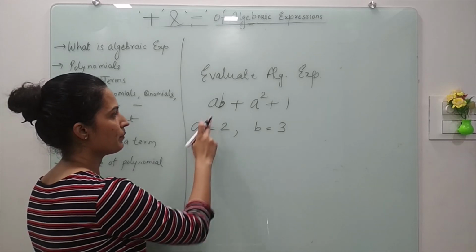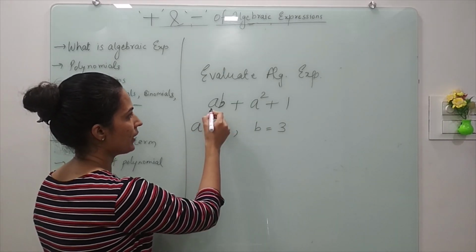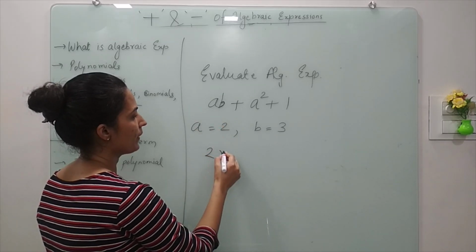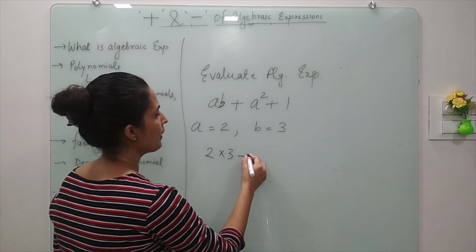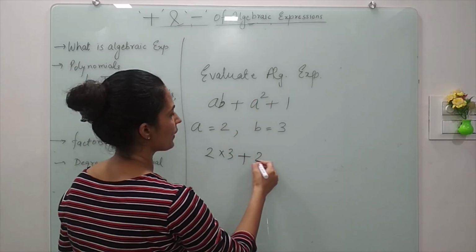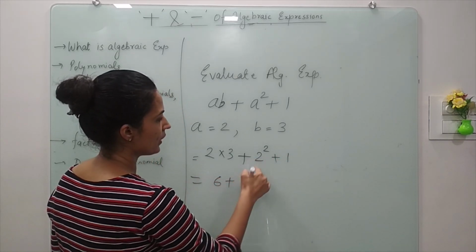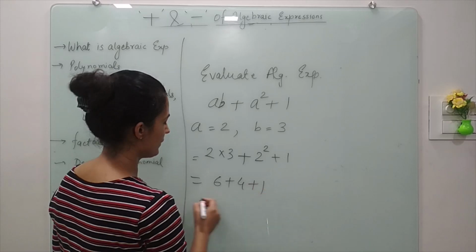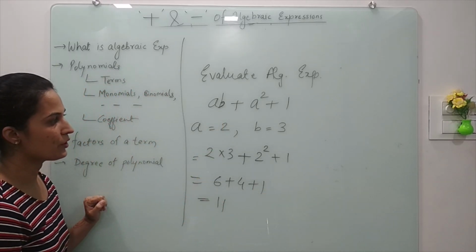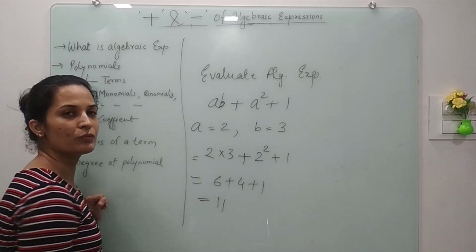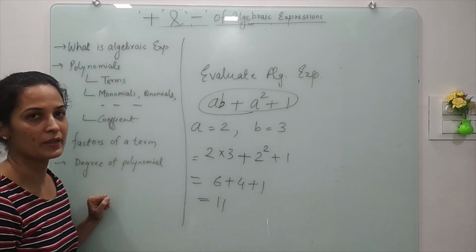What I will do is simply replace a and b with 2 and 3. So here a, that means 2, multiplied by 3, a is 2, b is 3, so this is 2 multiplied by 3 plus a square, that means 2 square, plus 1. So this is equal to 2 threes are 6 plus 2 twos are 4, plus 1, that means this is equal to 11. So this is how you evaluate any algebraic expression when the values of two variables are given, in case the algebraic expression has two variables.